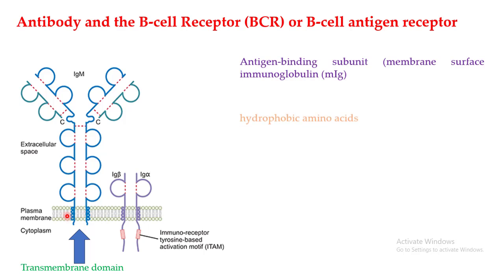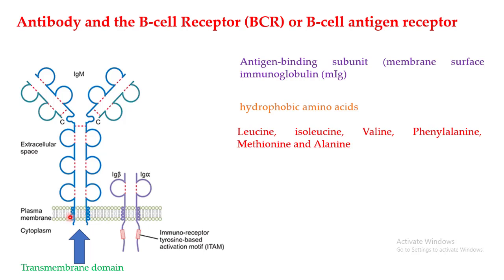If you look at this transmembrane domain, again, this is protein in nature, but it is made of hydrophobic amino acids. So the hydrophobic amino acids are going to easily fit into the hydrophobic interior of the plasma membrane.